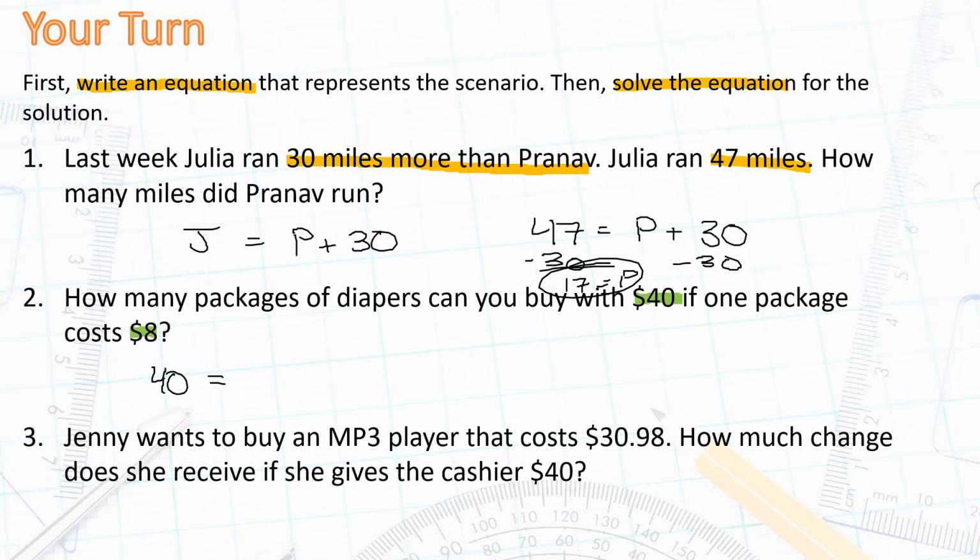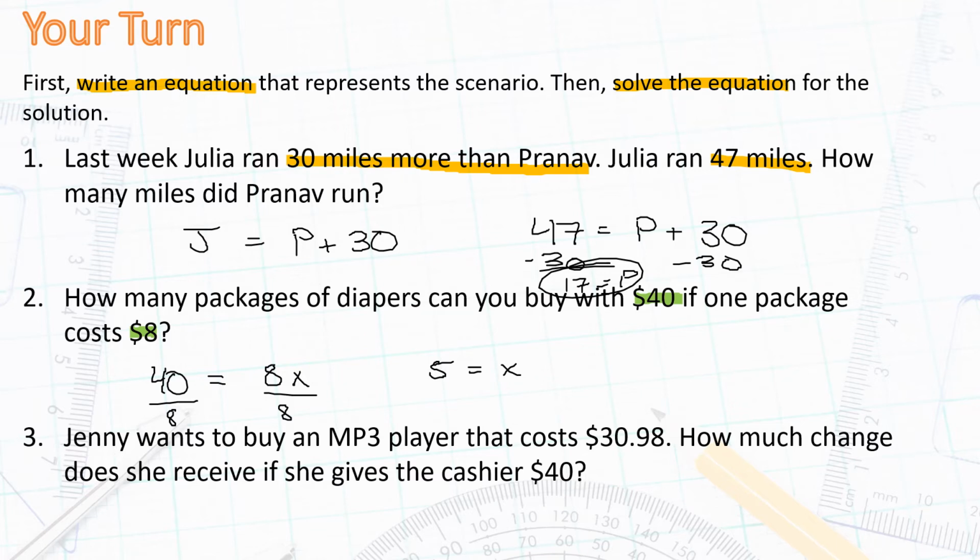So $40 is equal to $8 packages times the number of packages. We don't know how many. So then to solve that, we would divide by 8 on both sides, and we would say 5 packages is equal to X. So we can afford 5 packs of diapers if they cost $8 each, and we have $40 in our pocket.